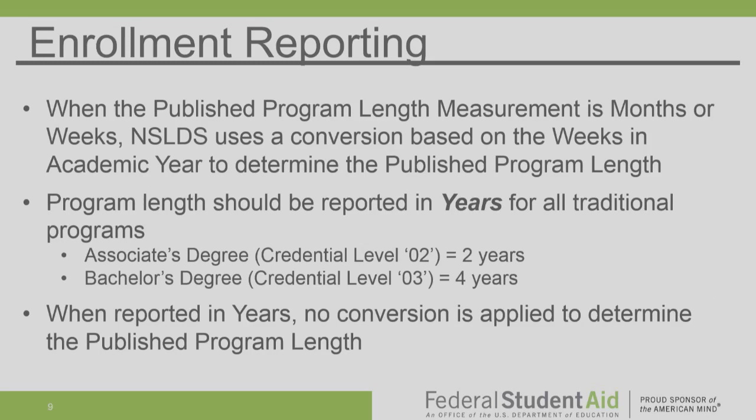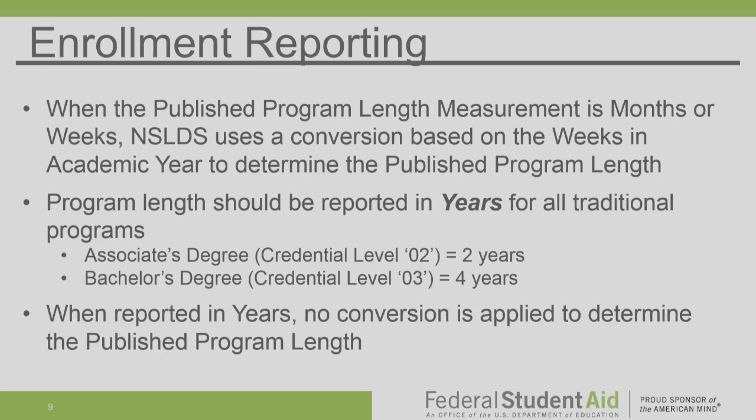What we're seeing still is that when published program lengths are reported in months for an associate degree or a bachelor degree, it causes us to miscalculate the number of years, because we take those months and convert them to years, using a 32-week program length when calculating the number of years.